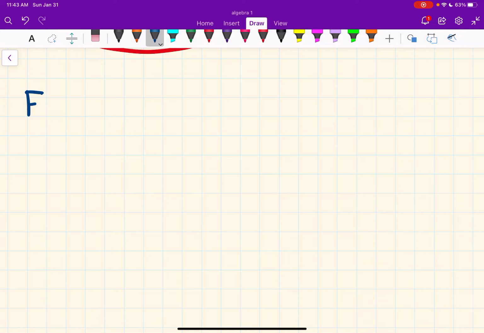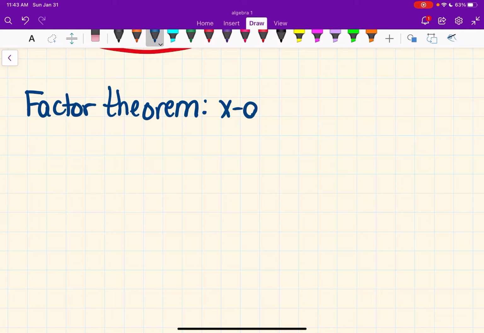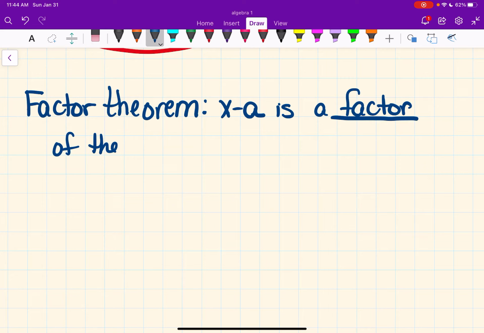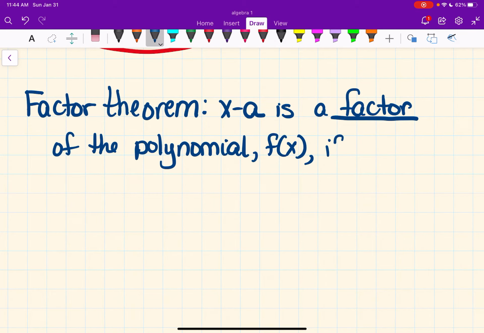The factor theorem, and this is where we're headed for all of this. Let me spell it right. If x minus a is a factor of the polynomial f of x, this is true if and only if, I love if and only if, f of a equals 0.